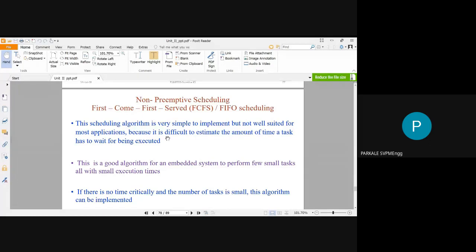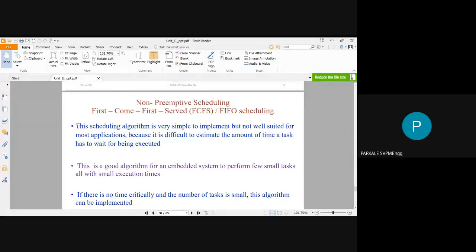Say we have four tasks or four processes. Whichever process comes first will get the control of the CPU. The process or task which comes first to the CPU, the CPU will execute that task. So that is called the first come first serve schedule.